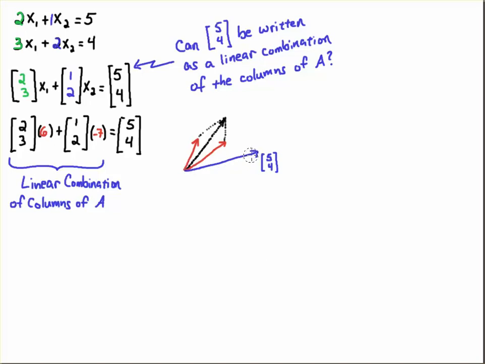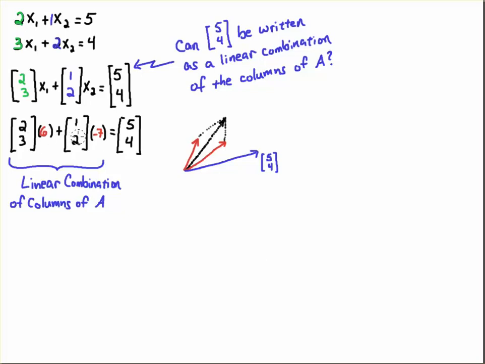We have to alter these two vectors some way, somehow, to get this vector 5, 4 to be the diagonal of this parallelogram. And that's what being a linear combination means. You want to get this vector here, 5, 4, to be the diagonal of a parallelogram where the legs of the parallelogram are these two vectors.